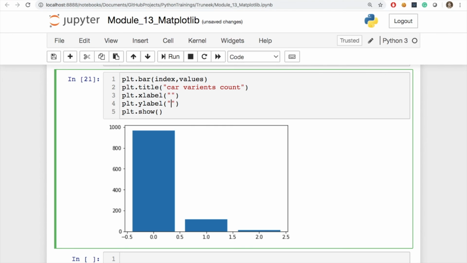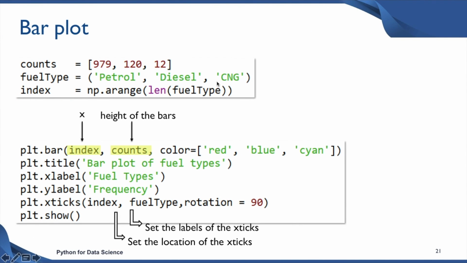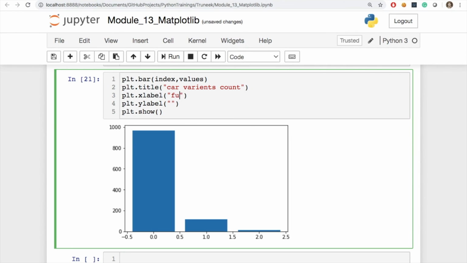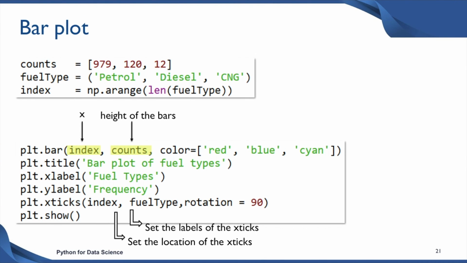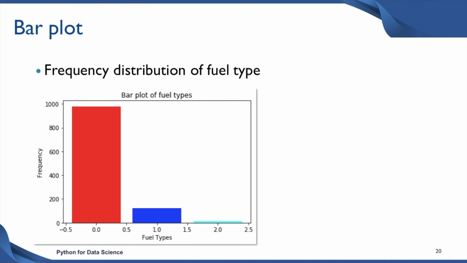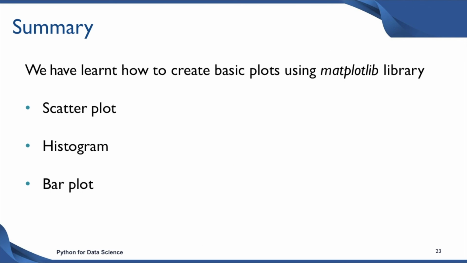In the X label we have the fuel types, and in the Y label we have the frequency. So this is how you can represent your bar plots.